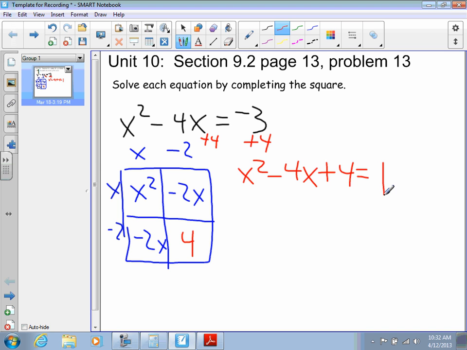Okay. Now, in the process of figuring out what I needed to add to both sides, I've already factored one side of the equation here. So let's write it in its factored form. We've got x minus 2 times x minus 2, or just squared, and that equals 1.